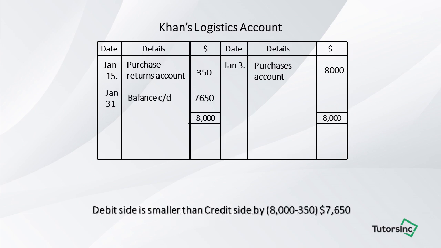We can find out the difference between the both sides by subtracting $350 from the larger value, which is $8,000, and we have found out that the debit side is smaller than the credit side by $7,650. This difference is going to be recorded on the debit side as balance CD with the last date of the month. We have recorded balance CD on the debit side because clearly debit side is smaller in value.